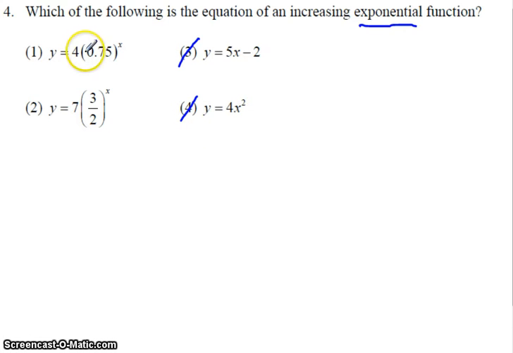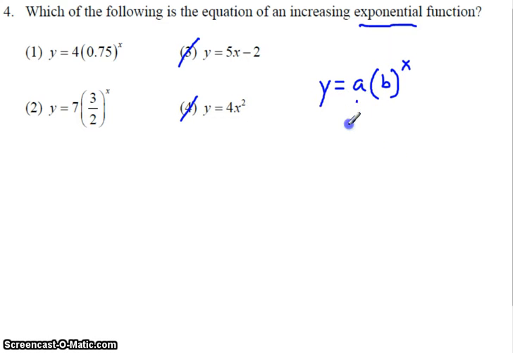What we have left in answers 1 and 2 are exponential functions, so we just have to remember how we can tell if it's increasing or decreasing. So let me give a really quick review of how the exponential functions work. The general form of an exponential is y is equal to a times b to the x.